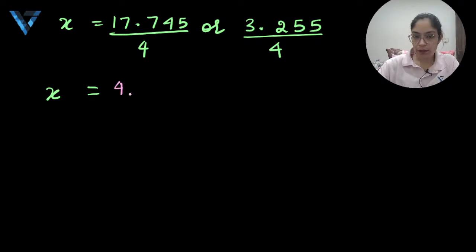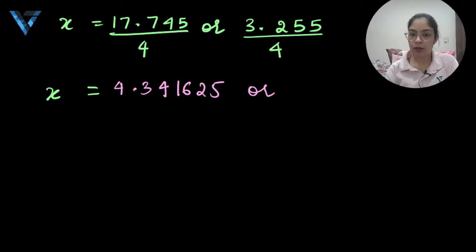So this is 4.34, 4.341625, or here what will we get? 4.43625. How come both are different answers? So at least 5 to 6.